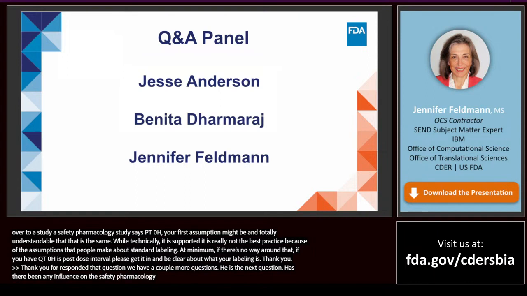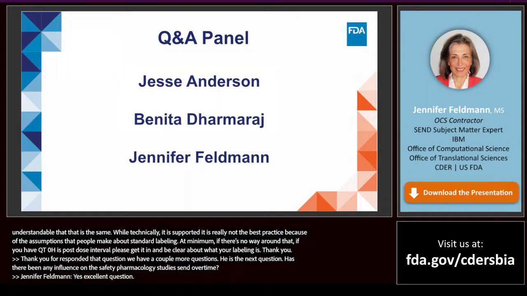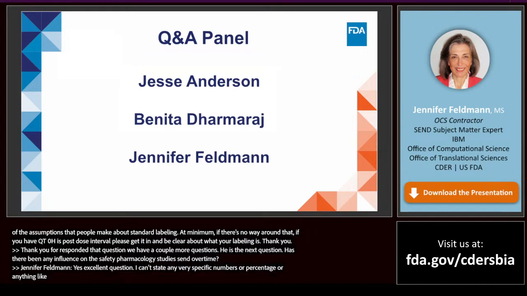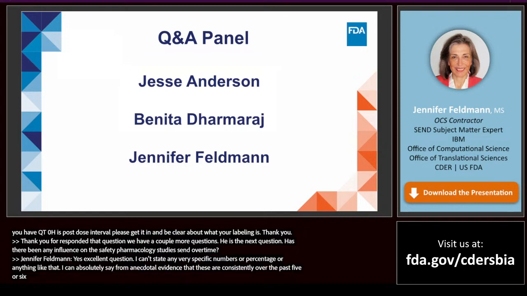Yes, excellent question. I can't state any very specific numbers or percent improvement, anything like that. But I can absolutely say from anecdotal evidence, looking at these studies consistently over the past 5-6 years, that they're indeed improving. And they're improving both in consistency across companies, and that's great, but they're also improving in some of the little detail.